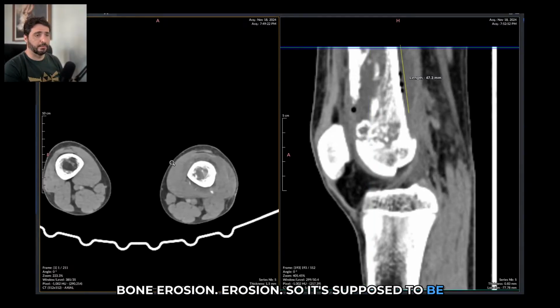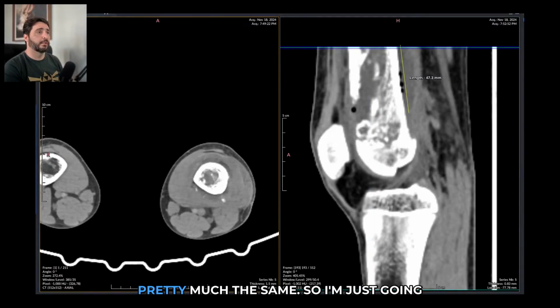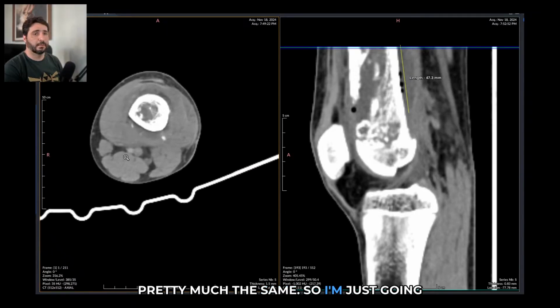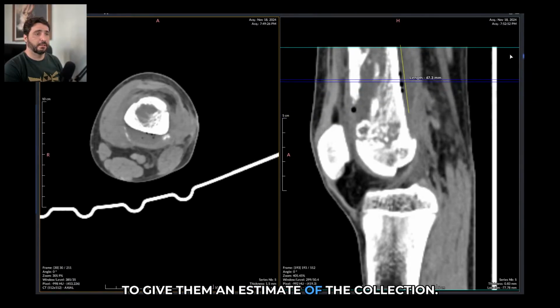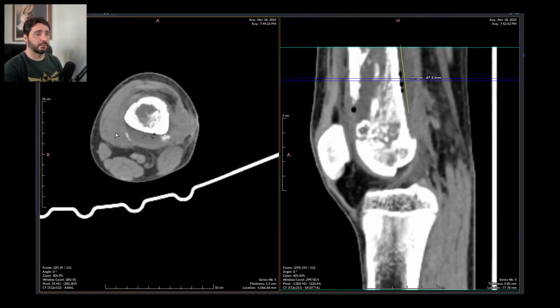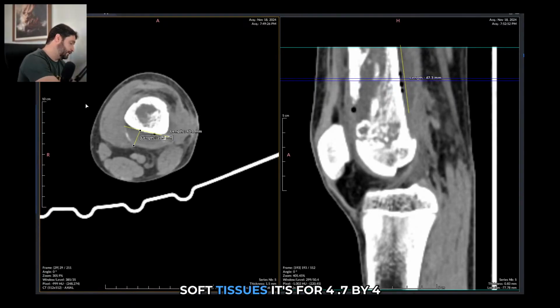So it's supposed to be pretty much the same. So I'm just going to give them an estimate of the collection. It goes all the way to here, but in soft tissues, it's 4.7 by 4.3 by 1.5.